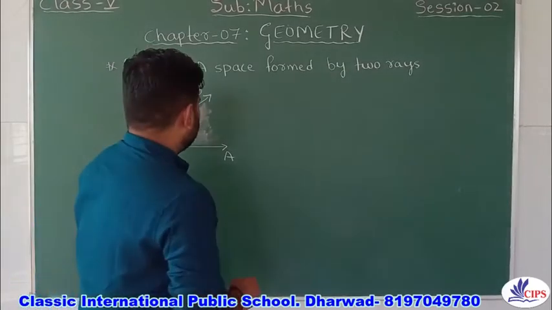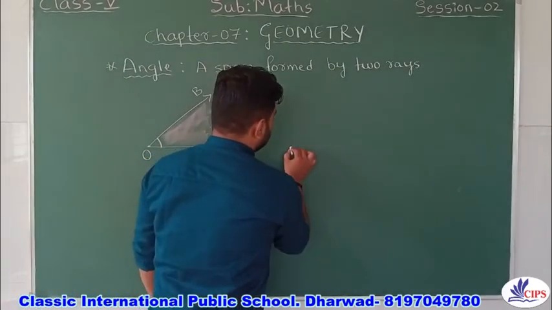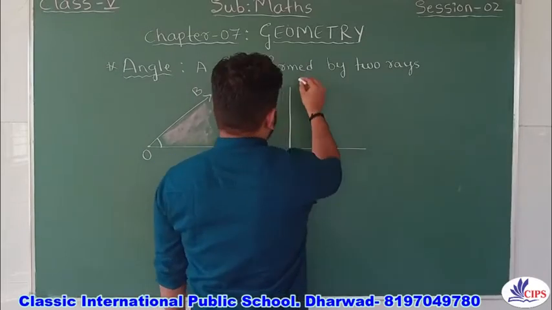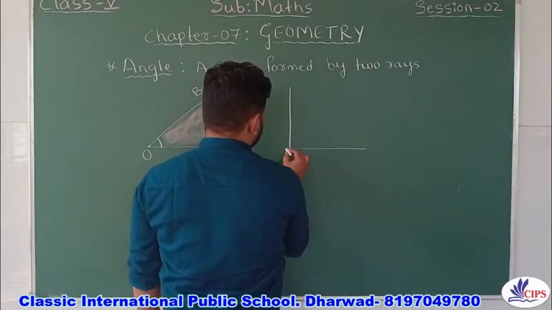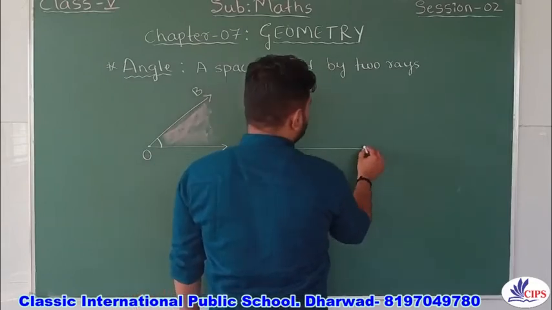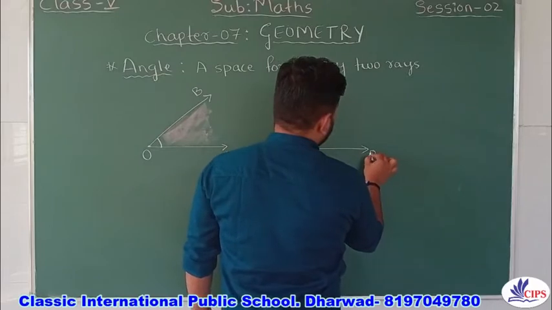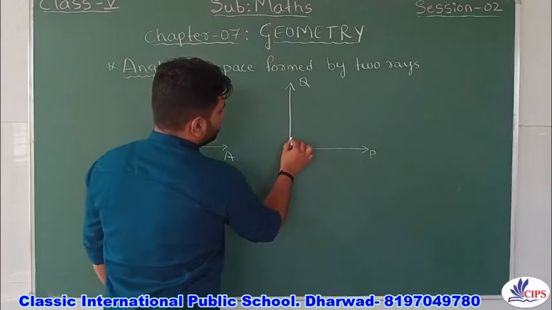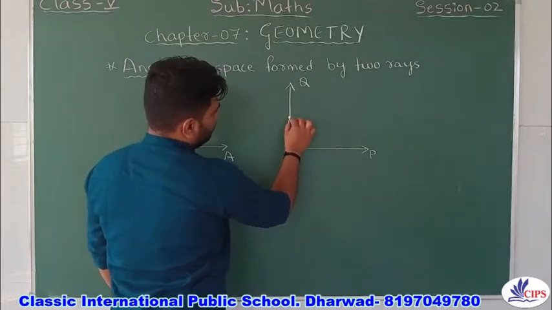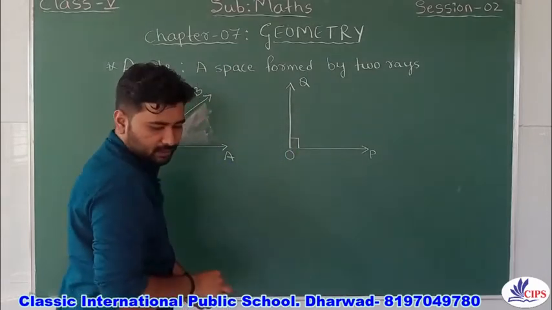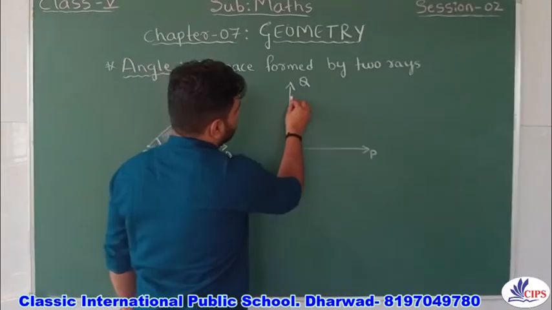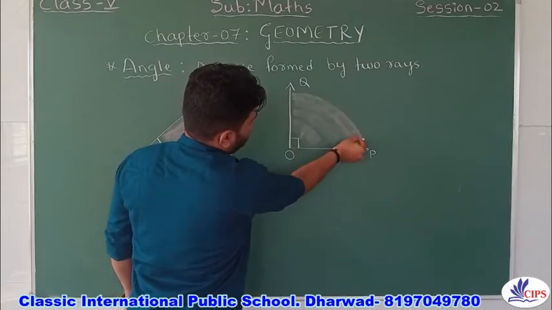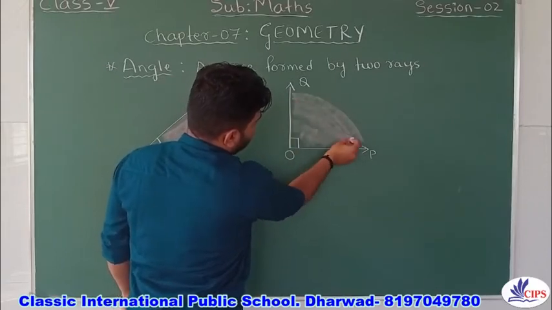Even you can write it like this. Say this is O, P, this is Q. Now this entire part is called an angle. I'm just coloring it to indicate that.